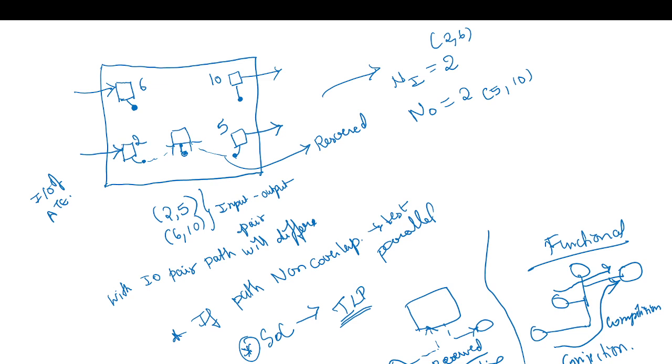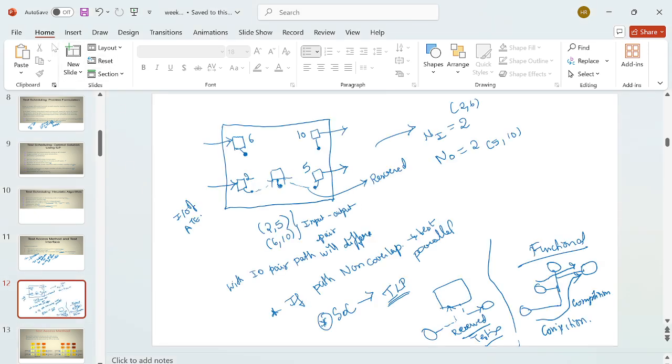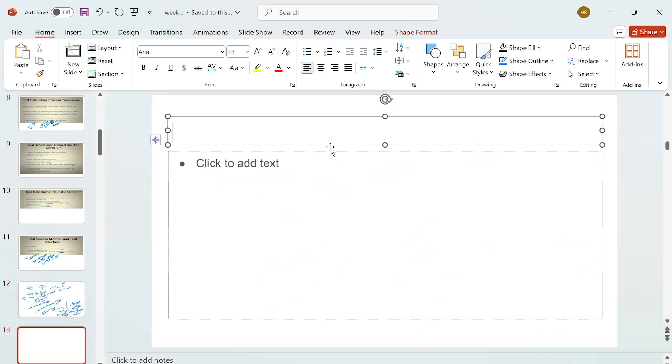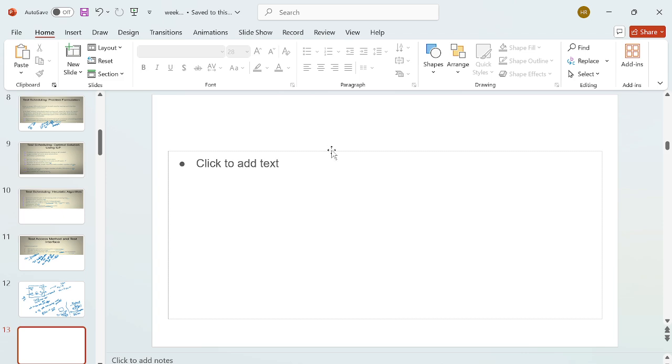Now, how to perform this testing? Just a small example. I'll take one more slide. Say we have the cores C1, C2 up to C10, and we have the IO pairs, say I1, I2, and I3, 3 IOs.